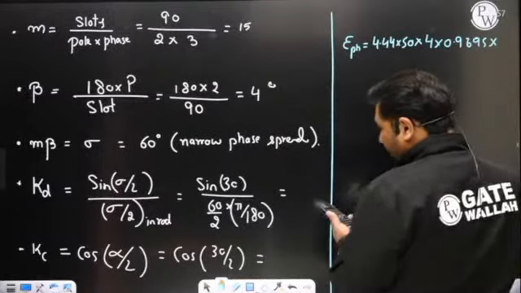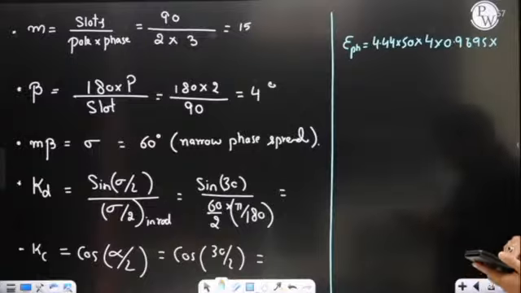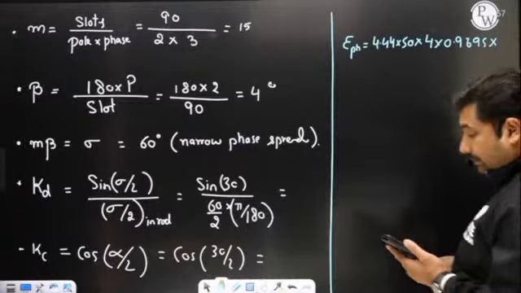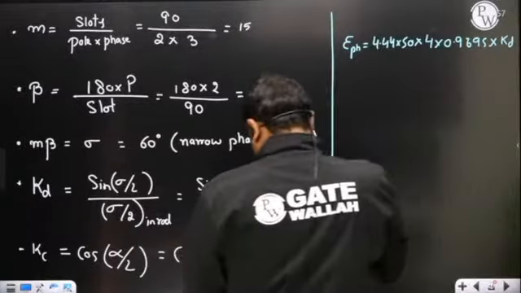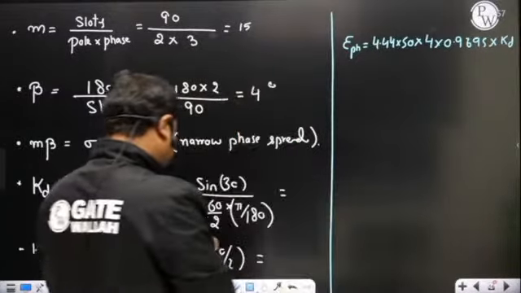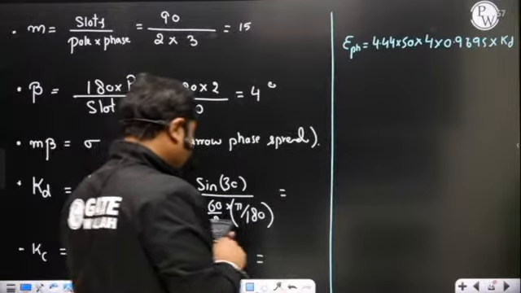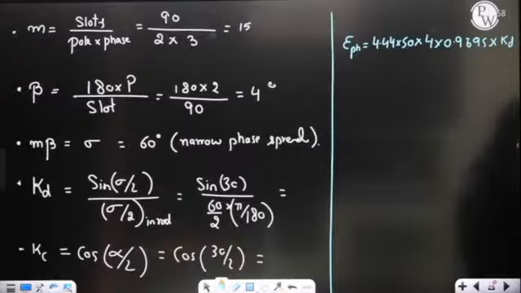0.9695 into sine 30 by pi by 6. So I have just multiplied here this KD into 450 into 4.44. So I'm getting the phase voltage as.